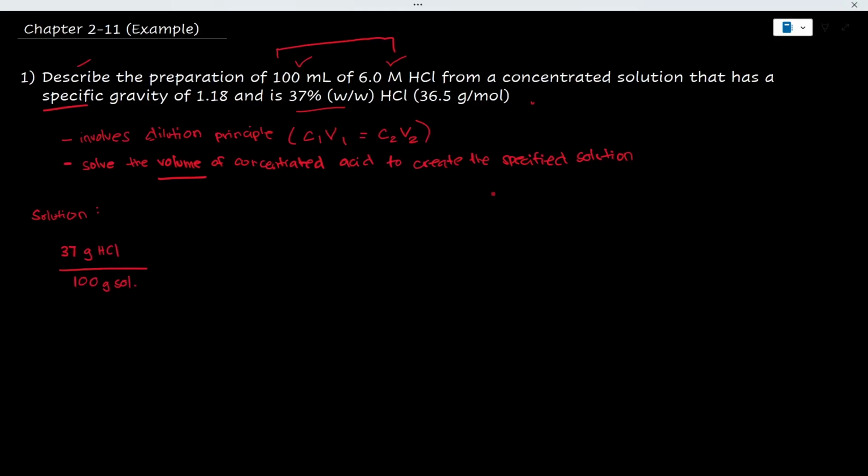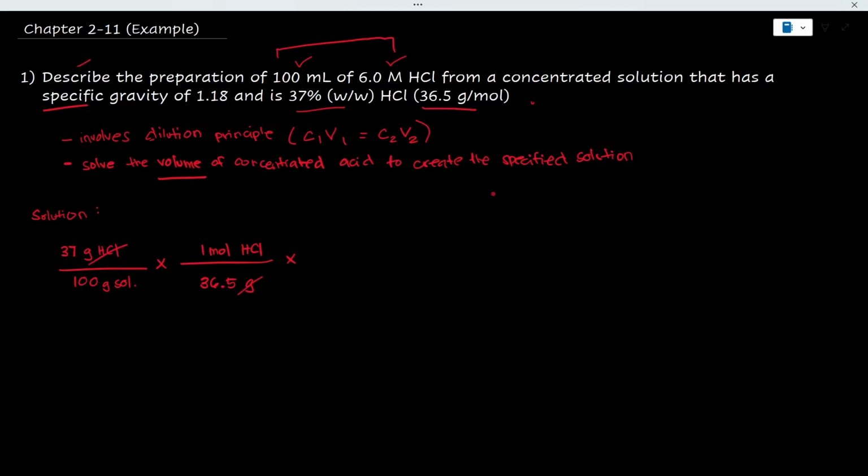And let's use the molar mass: 1 mole HCl is 36.5 grams. Now we can cancel the grams.